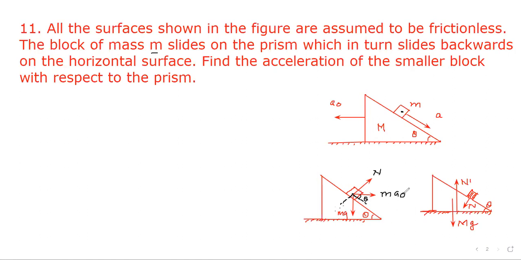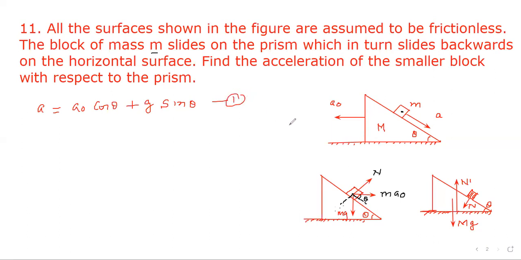The component of ma0 along this line and the component of mg along this line will make the total force. So we can find acceleration in this direction: a will be equal to a0 cos theta plus g sine theta. This is equation number 1.